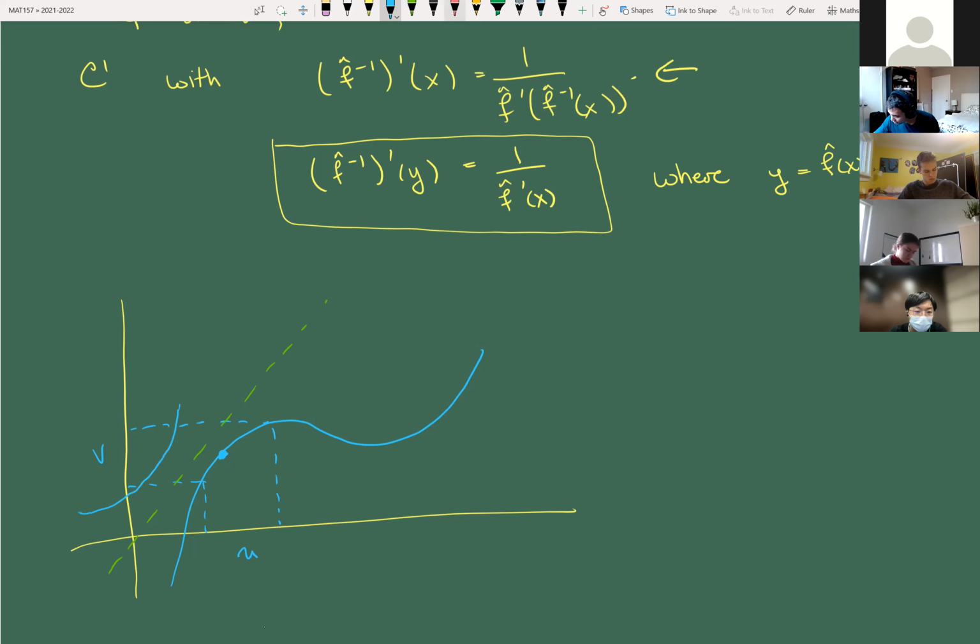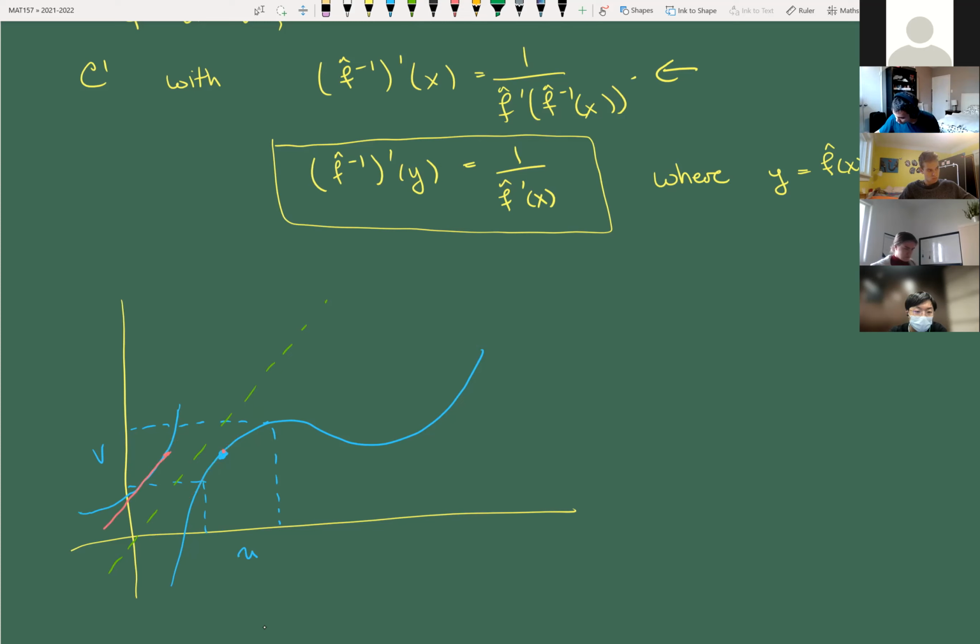And then the tangent lines will just end up being reciprocals of one another. So at this point, unfortunately, I've drawn them as both having slope 1. So we don't really see the reciprocals come out.